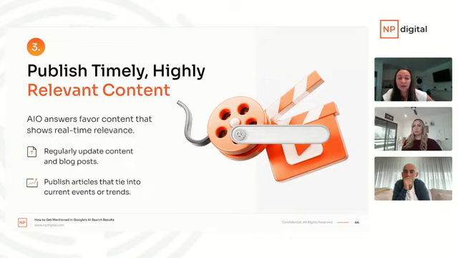And this real-time relevance helps you earn those citations in AI overviews. Now, don't make the mistake I've seen some people make where you just update every piece of content on a specific cadence all the time because you think that's what you want to do, right? You want to make sure that you're auditing your content and really finding pieces that need to be updated. So do this strategically, not just arbitrarily.